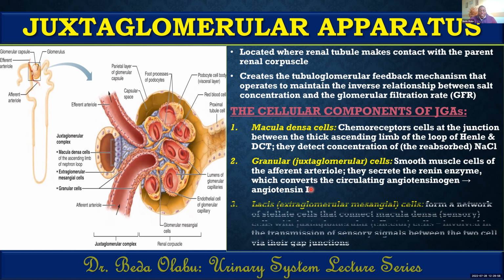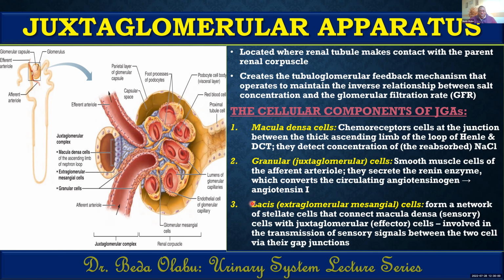The third component of the apparatus is what we call the lacis cells, or you can call them the extraglomerular mesangial cells. So these are mesangial cells outside the glomerulus. That's why we call them extraglomerular mesangial cells. We call them lacis cells because they form like a lace network between the two cells. That's why it's called the lacis network, the lacis cells.